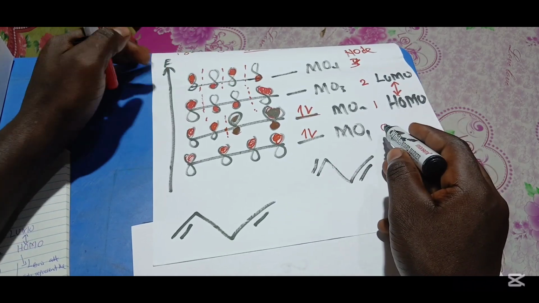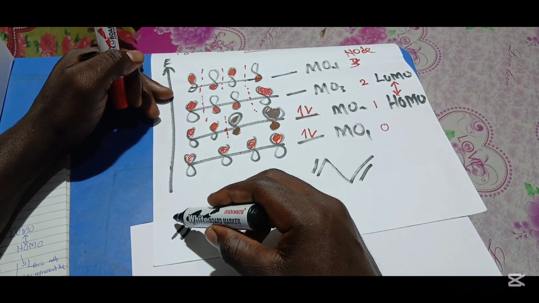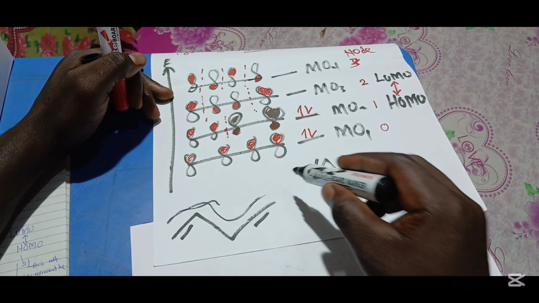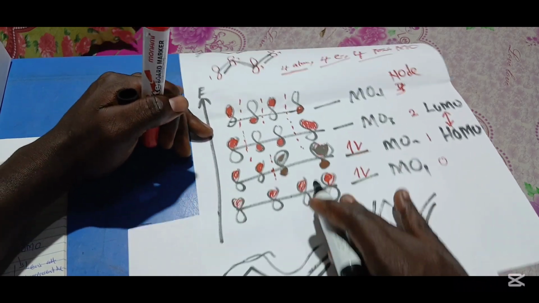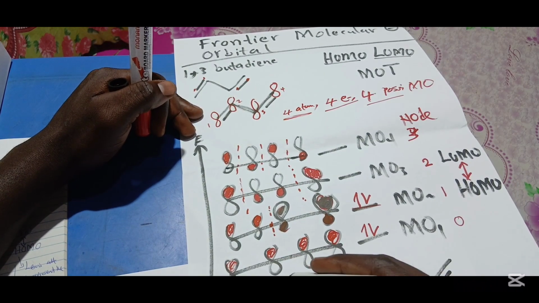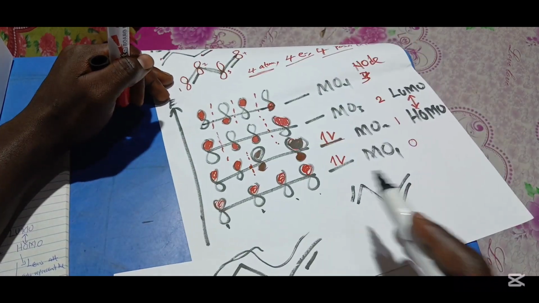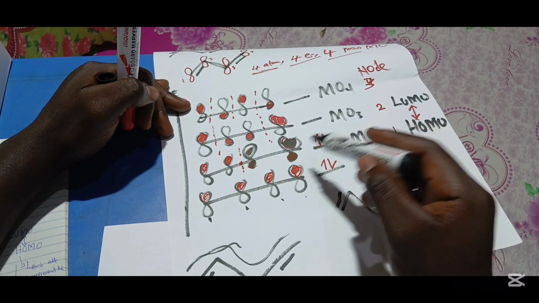So in molecular orbital 1, if this is our alkane, according to our molecular orbital diagram, we have two electrons delocalized throughout the four carbons. Mind you, this indicates carbon 1, carbon 2, carbon 3, carbon 4, right? So in MO2, what is happening here?